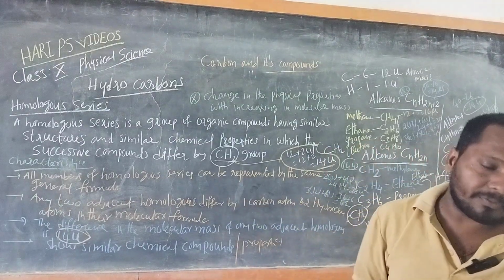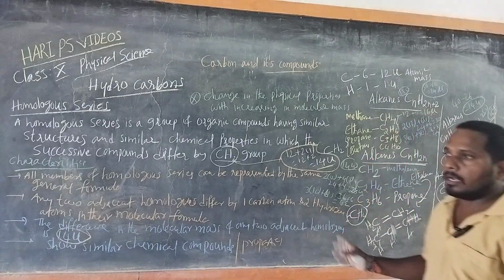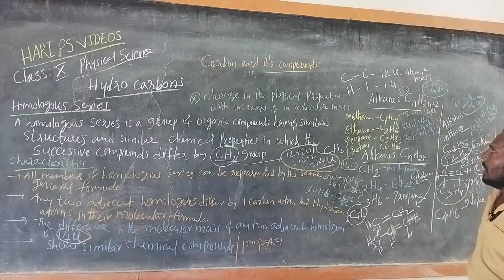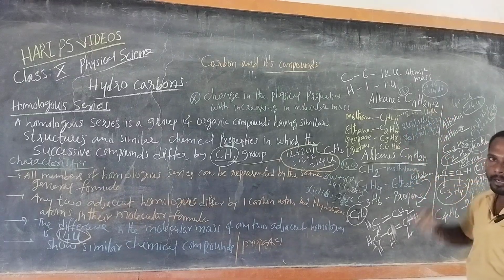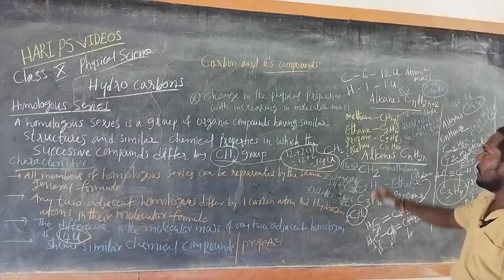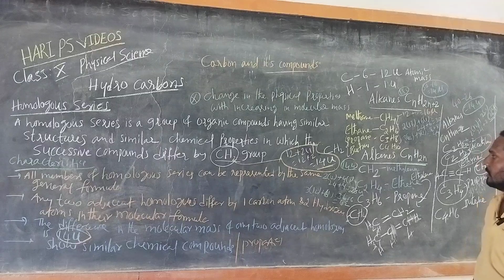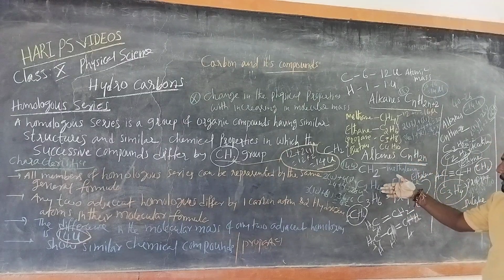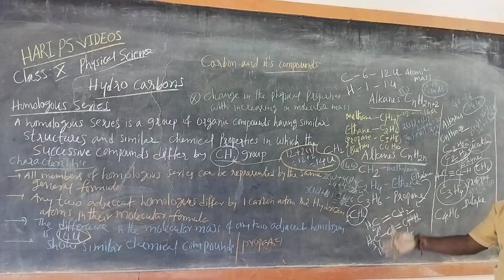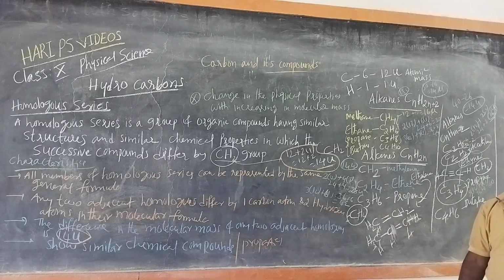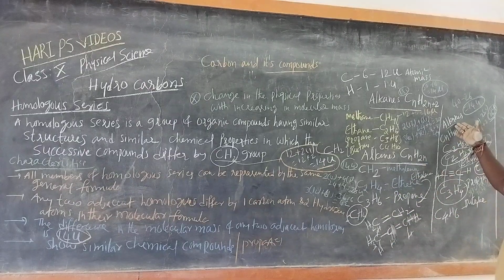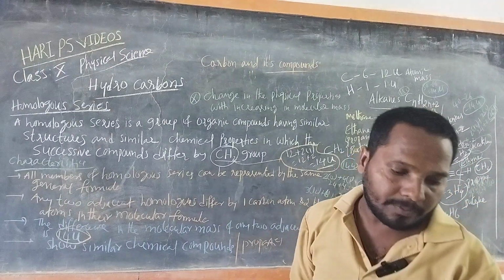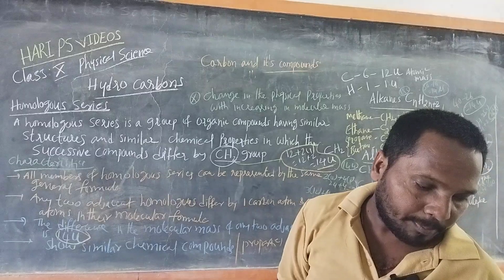All the compounds of alkanes, methane, ethane, propane, butane, have the same chemical properties. Similarly, alkenes like ethene, propene, butene, pentene, all have the same chemical properties. Alkynes like ethyne, propyne, butyne, all have the same chemical properties.